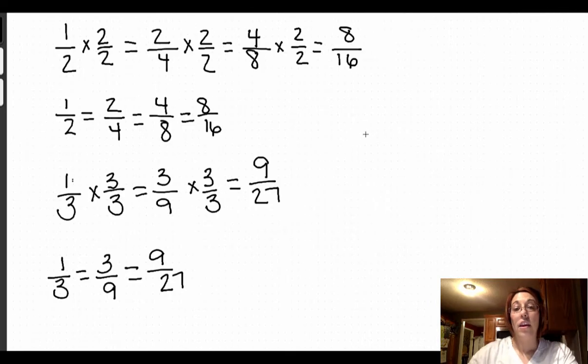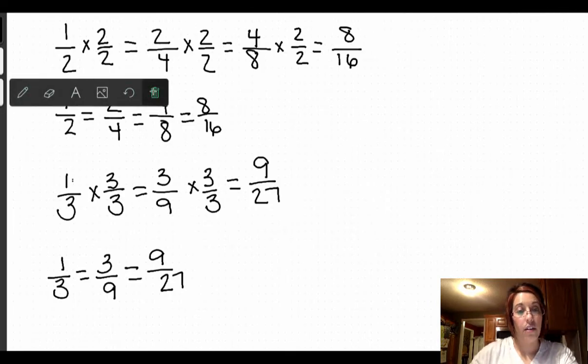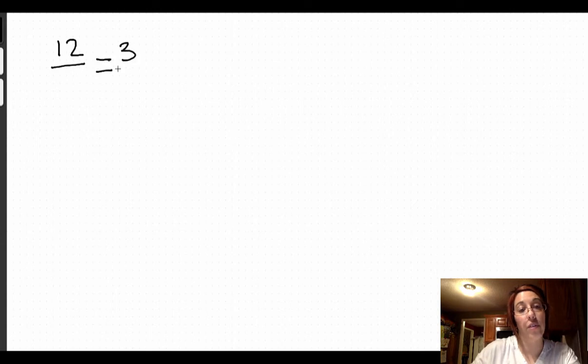Now in some instances, you're going to be given parts of a fraction, like 12 over, we have no clue, equals 3/9. So to take this fraction and find its equivalent, we have to figure out what happened between the numbers that were given to make an equivalent. So 12 and 3. I know that 3 multiplied by 4 is 12.